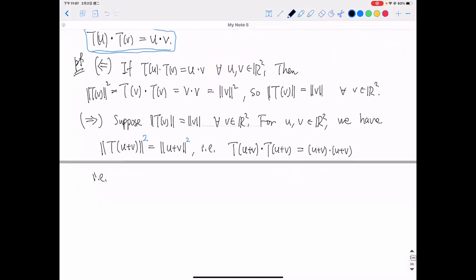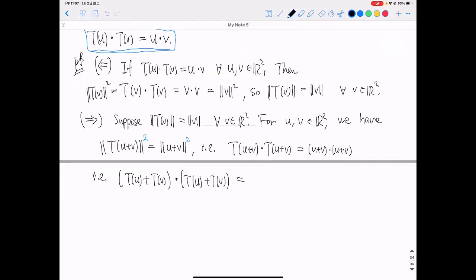Now this is something we can further compute, because T of U plus V is T of U plus T of V, and likewise for the other factor, T of U plus T of V. The right hand side is still U plus V dot U plus V. Now we can expand the dot product. We get U dot U plus U dot V plus V dot U plus V dot V on the right hand side.